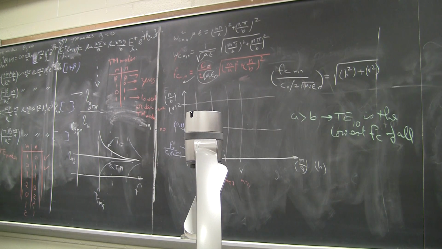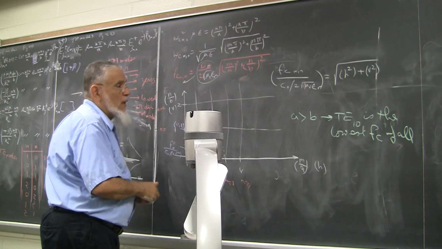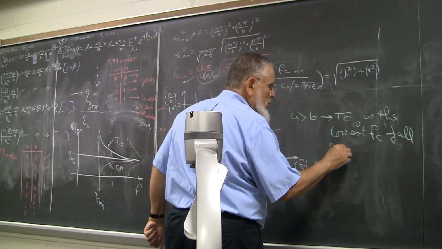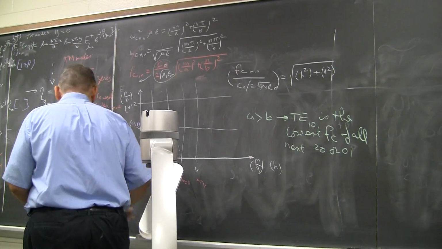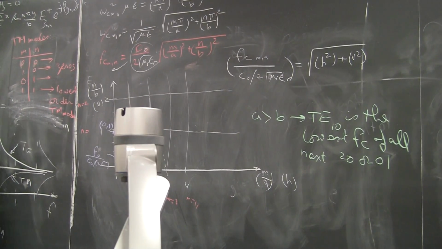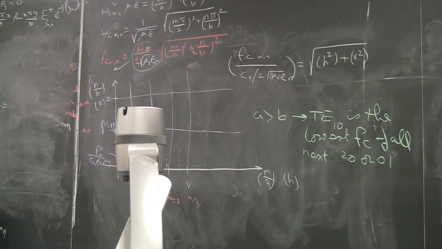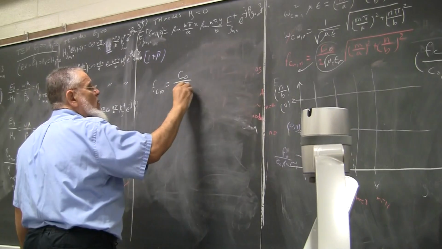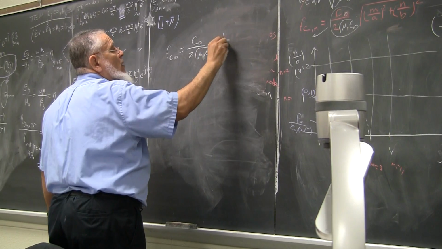The next one could be, like we said here, the 2-0 or the 0-1. Let's say the cutoff frequencies of all these three modes. So f sub c 10 is c over 2 square root of mu r epsilon r, and the square root here gives you 1 over a.